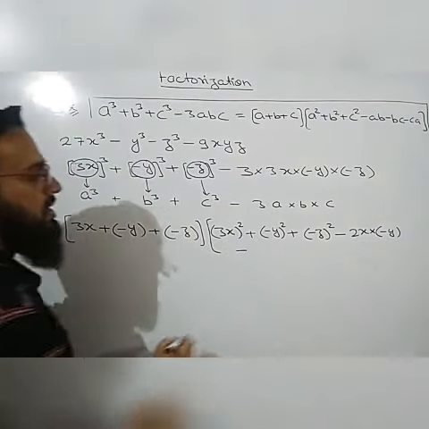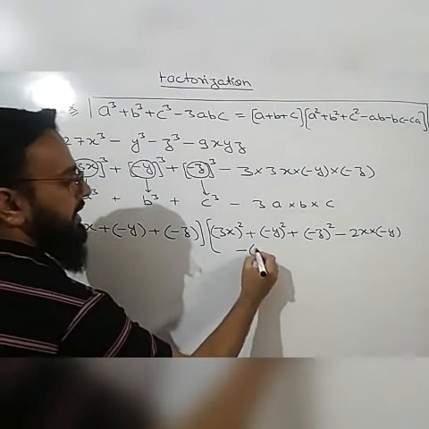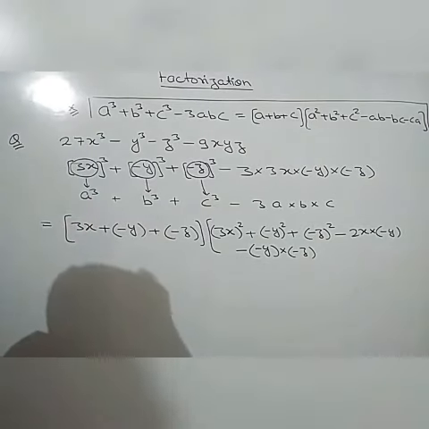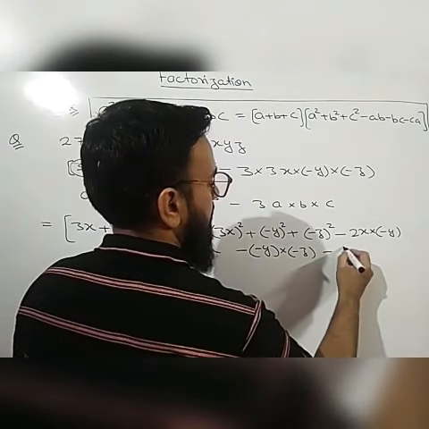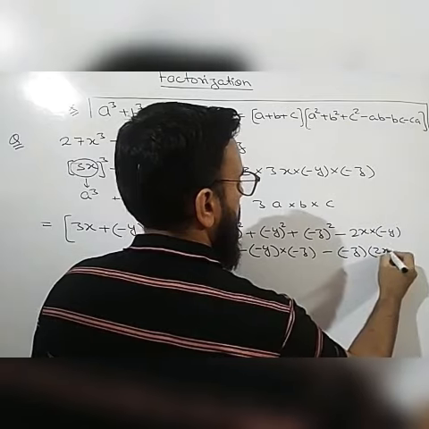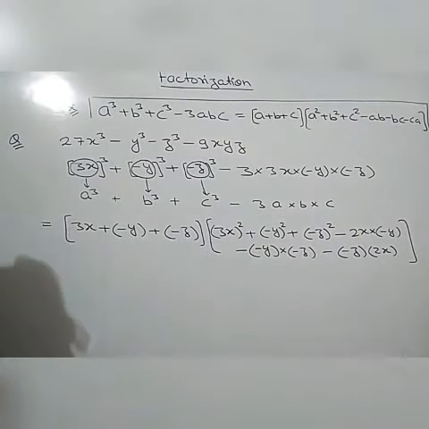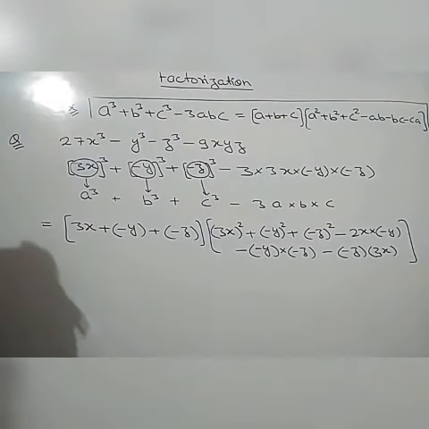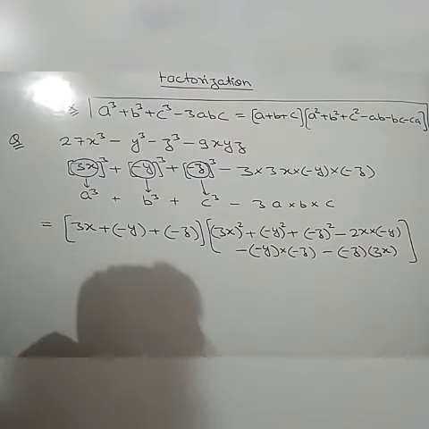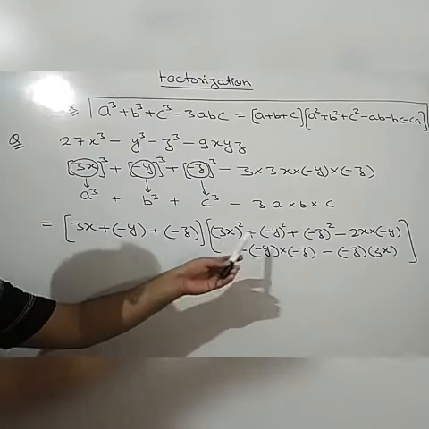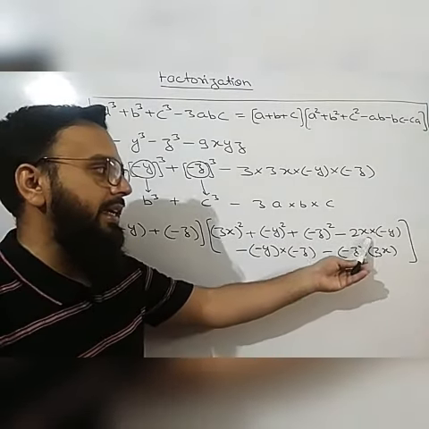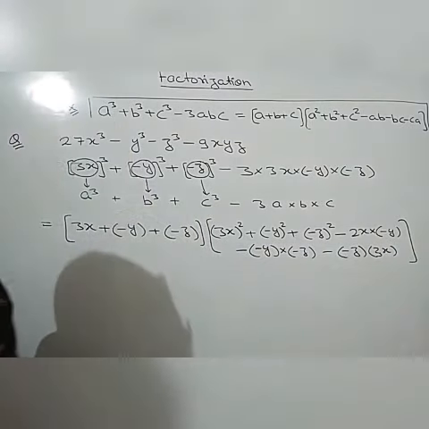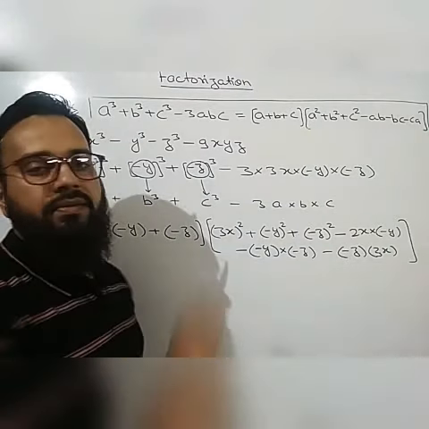Then minus bc, it will be minus, in bracket minus y into minus z, then minus ca, it will be minus z into 3x. A is 3x. So we have put in all the values: a plus b plus c, a square plus b square plus c square minus a into b minus b into c minus c into a. Clear? Now we have to solve these terms and we will get the factors.